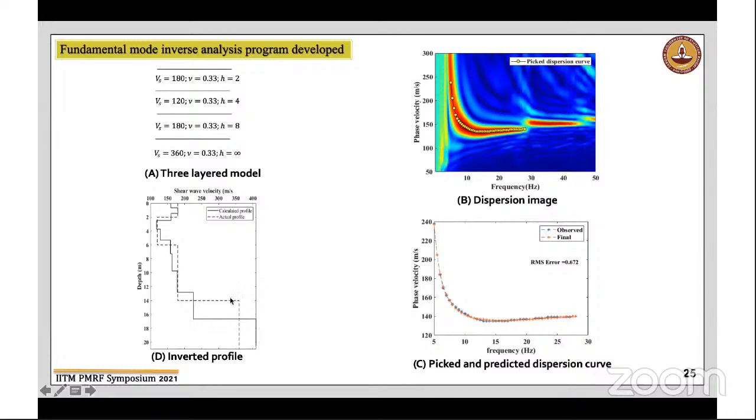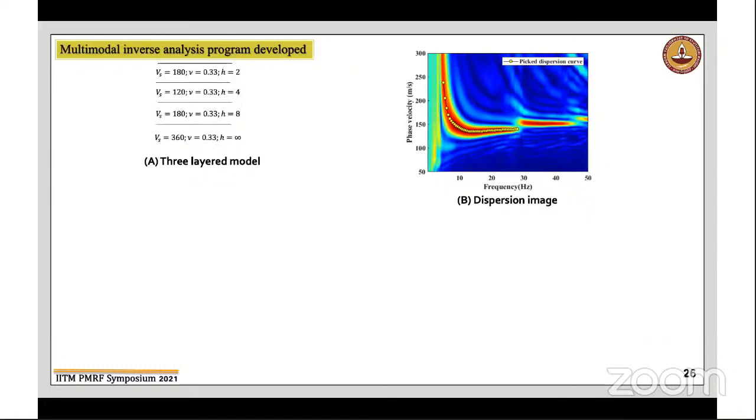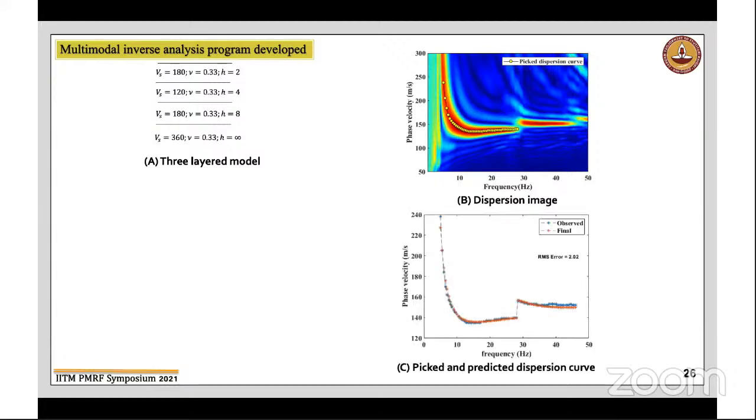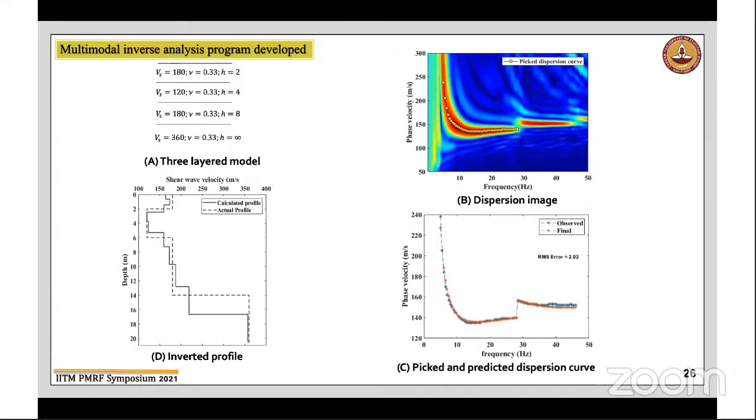The mismatch is because we have blindly predicted the 4 layers by using 10 layers without using any prior information. We have also included the higher modes in our inversion algorithm, and the predicted shear velocity profile, including the higher mode, is slightly better than only the fundamental mode.